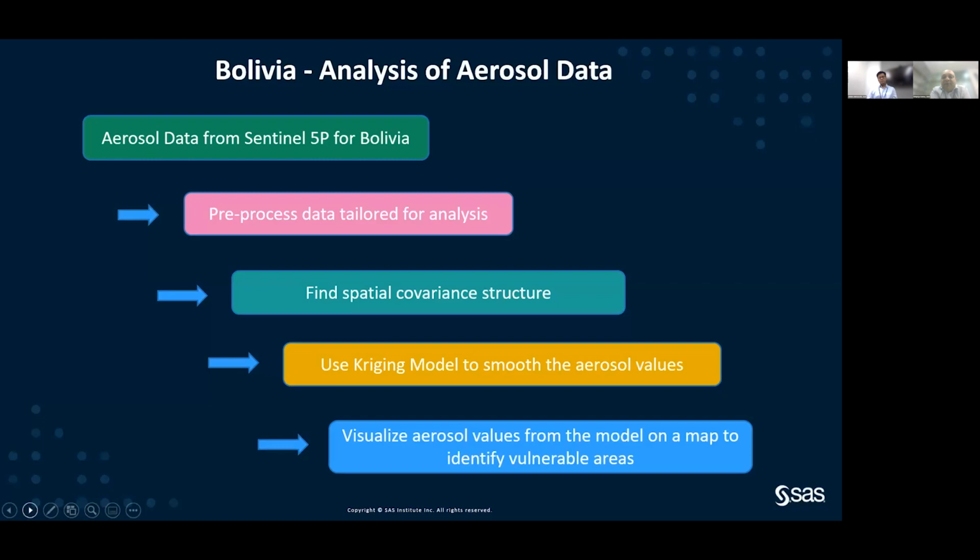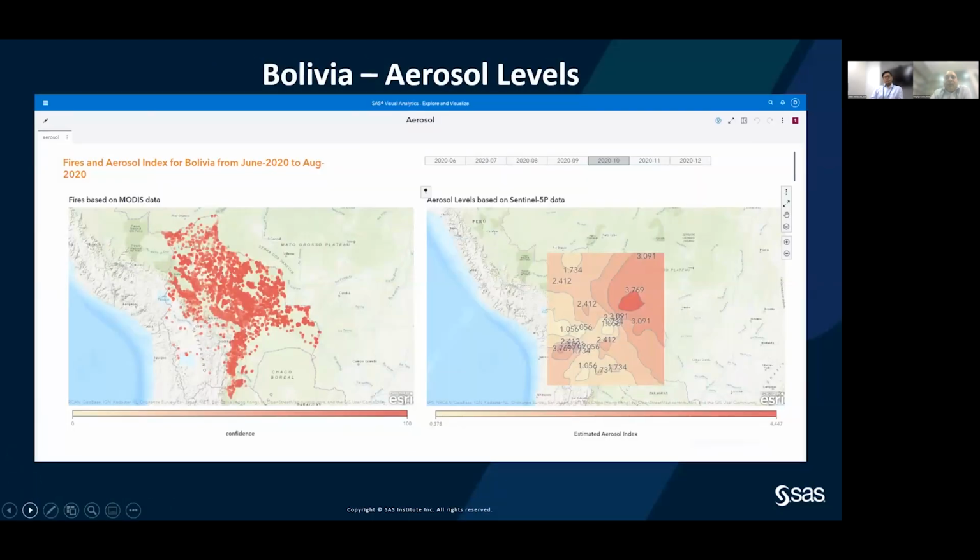So we try to visualize the aerosol data that we got from the model onto a map of Bolivia. So this is the report or the graphic that we did once we completed the modeling step. And the results are reported here in the form of a visual. In this graphic, we focus on the Bolivian region. And we've done a side-by-side comparison of the fire spots, which are on the left, and the estimated aerosol levels on the right part of the visual.